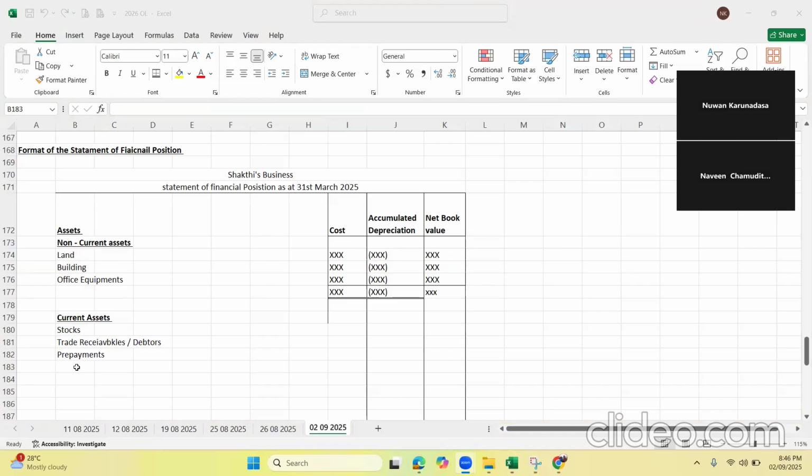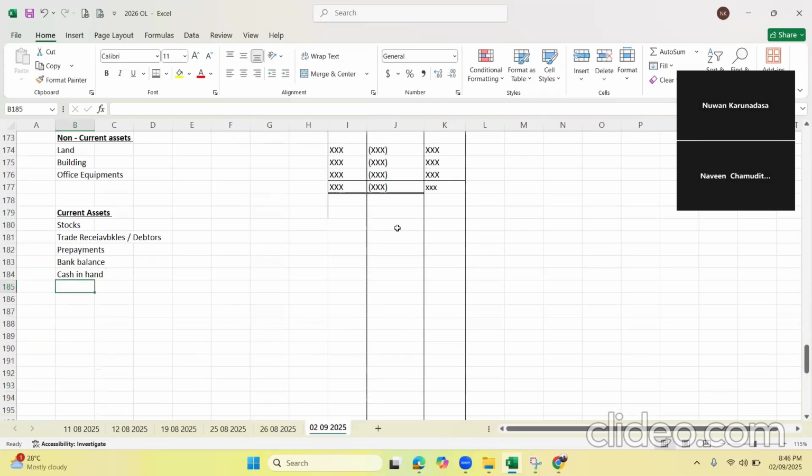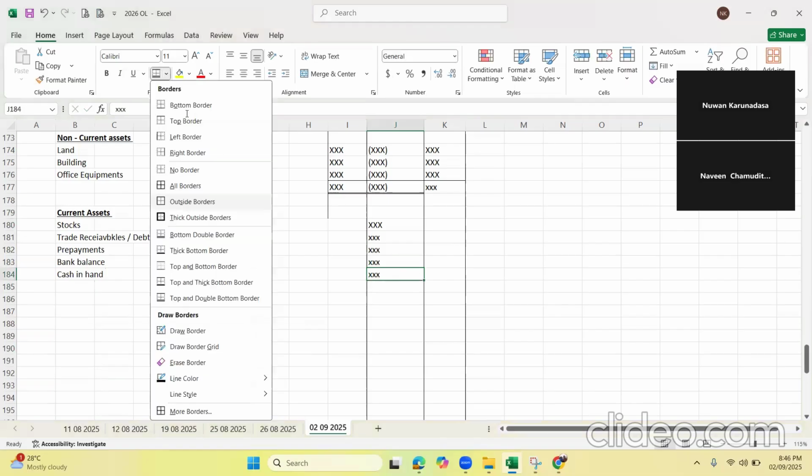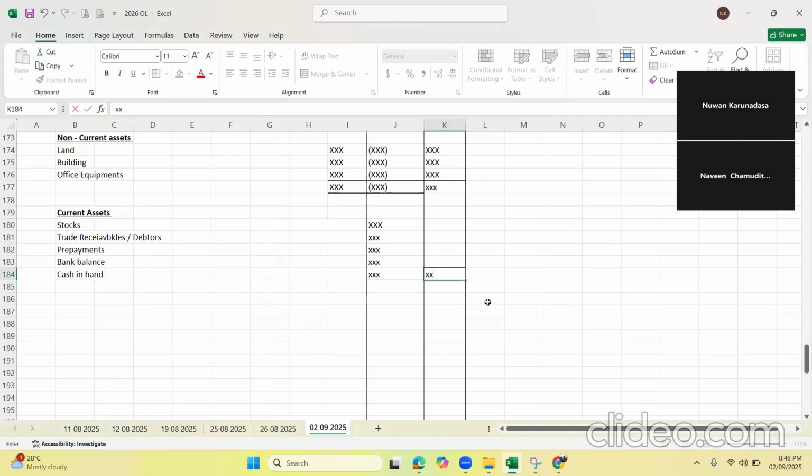Then the bank balance, then cash in hand. You take all the current assets here. Right, then you take the total current assets here.